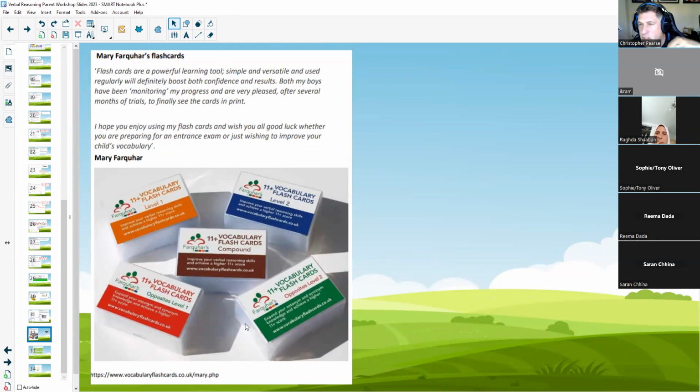She's produced a number of vocabulary cards, things like compound words, lots of different ones. So again, this may well be a very good one to purchase. Quite expensive, but well worth its money in the sense that every year people send her lists of words that have come up in the exams, and she compiles them, a bit similar to the Christine Draper book.